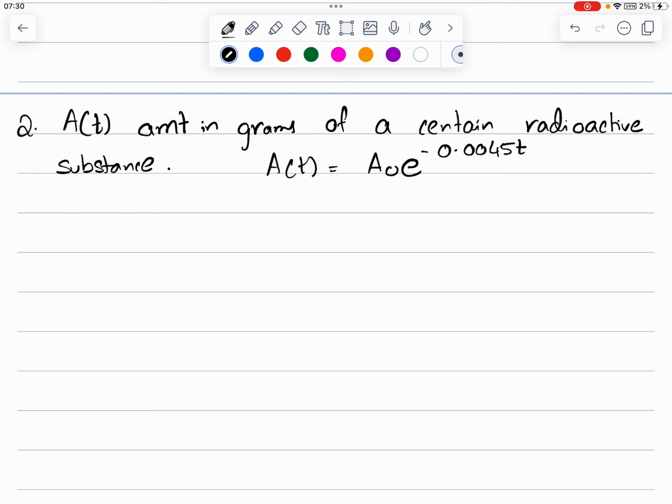Now what is this A naught? A naught is the initial amount.